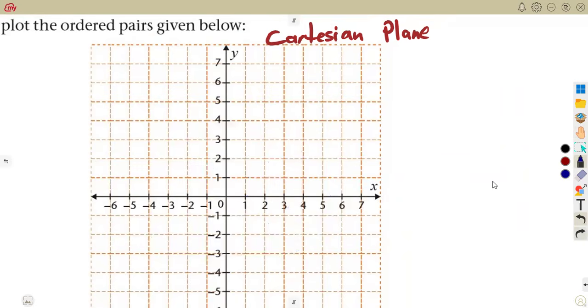What does it actually show us? What is it that we see on the Cartesian plane? Let's try to analyze our Cartesian plane. This line that we are seeing here is referred to as the x-axis. This horizontal line, this is x, so it is referred to as the x-axis.